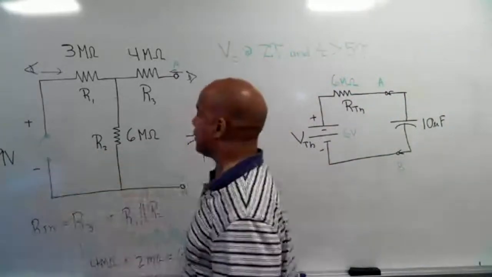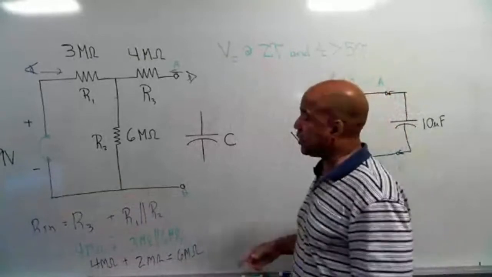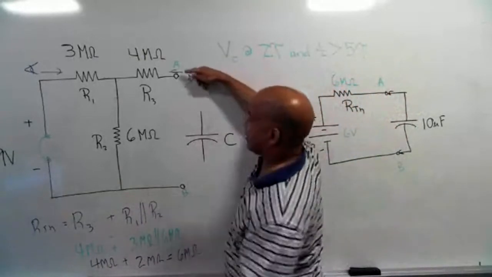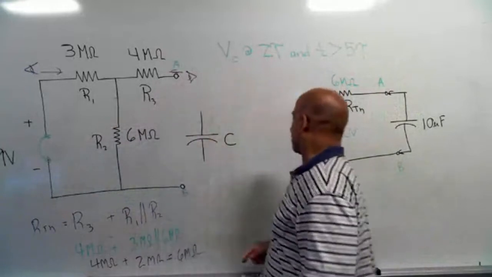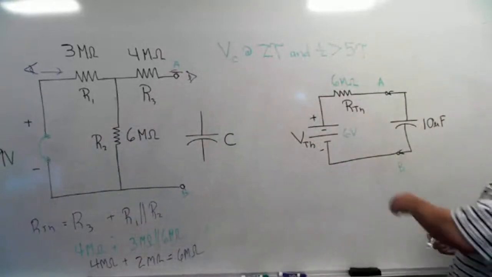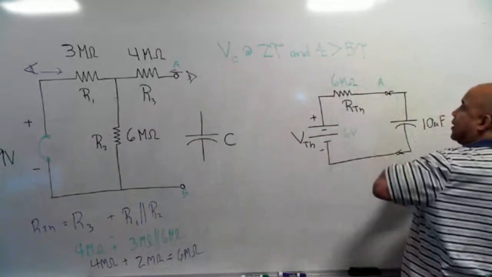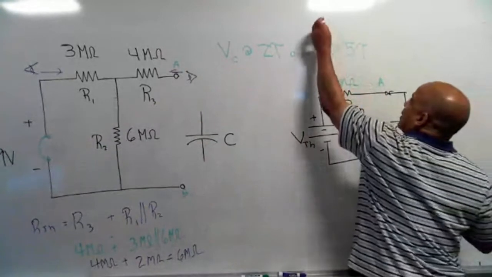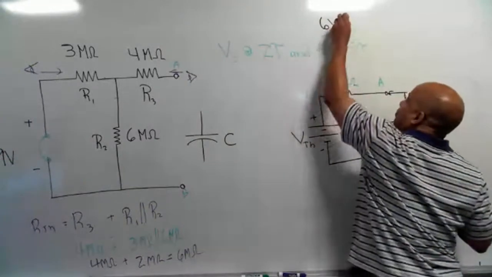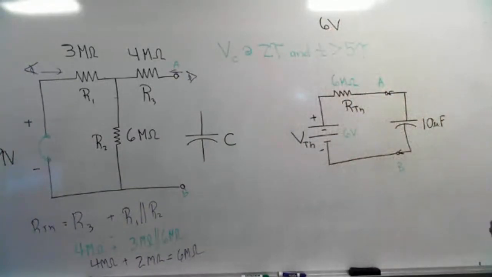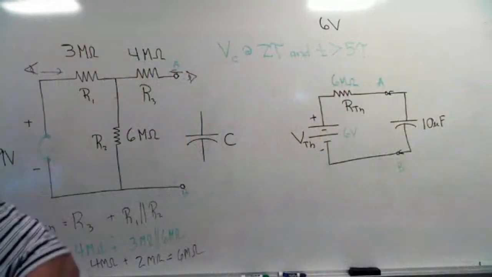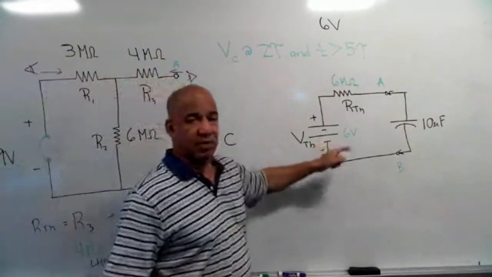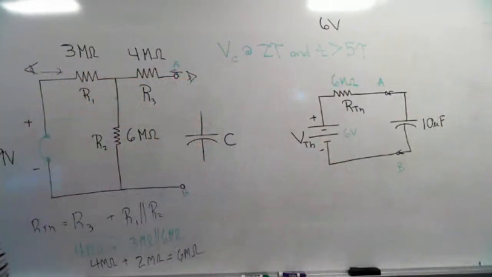Only when you Thevenize can you see that the max voltage of the capacitor is not 9, it's actually 6. This capacitor thinks it's hooked to a 6-volt source. So for this answer, at t greater than 5 time constants, it's going to be 6 volts across the capacitor, because it takes 5 time constants for the capacitor to fully charge. It's going to charge all the way up to whatever the Thevenin voltage is. That's the first part, so that's easy.